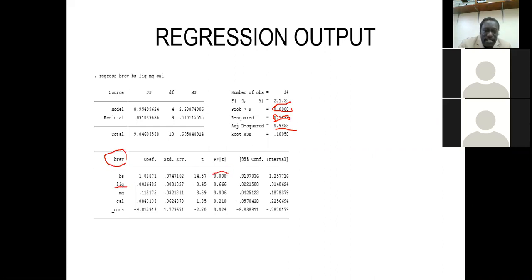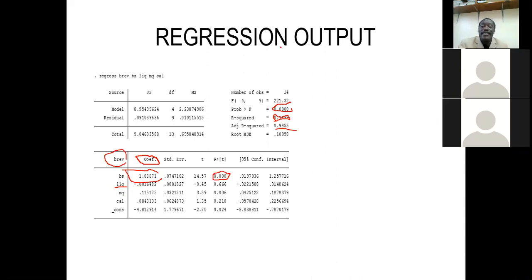The level of significance is the P value right here. It can also tell you the standard errors. What is the coefficient? We shall be sensitive in looking at these variables. The coefficient of that variable, whether it is positive or negative, is telling us something is happening in that project.